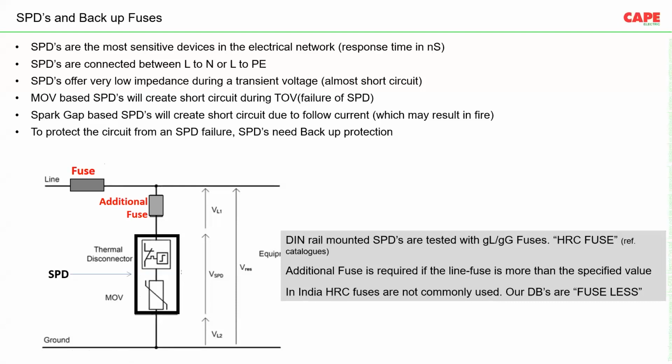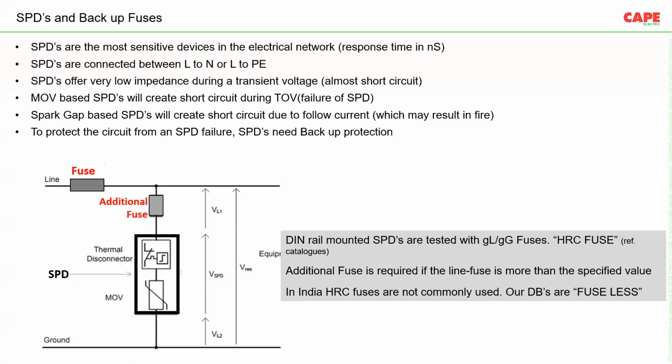So generally there is a thermal disconnector inside the SPD for this purpose, but it has certain limitations, a certain rating. Every manufacturer will provide a certain rating of the main fuse. Once the rating of this main fuse goes above that value, the SPD needs an additional fuse. This additional fuse will provide safety in the event of SPD failure.